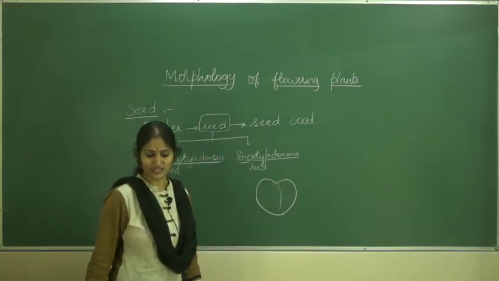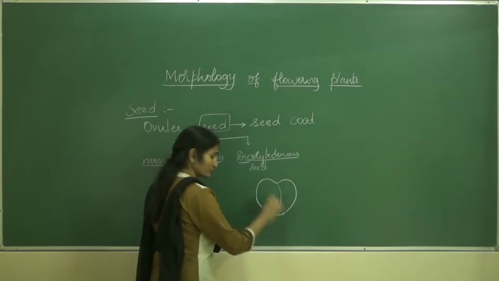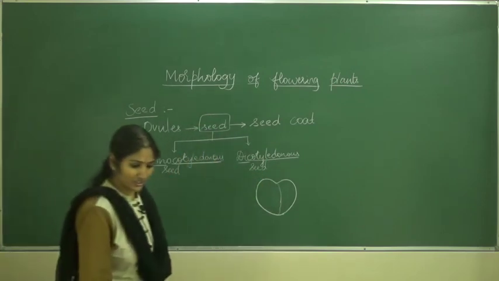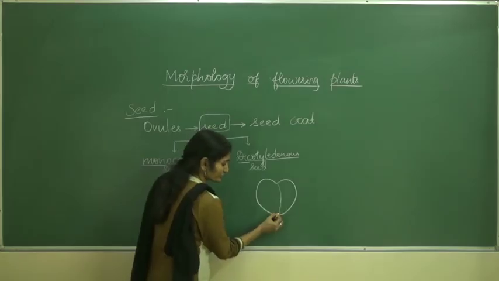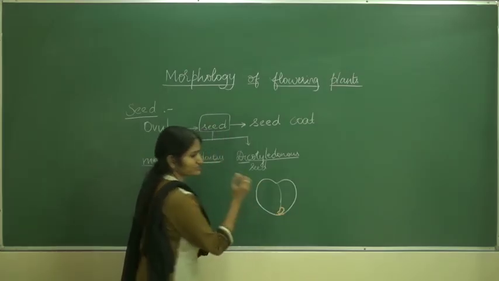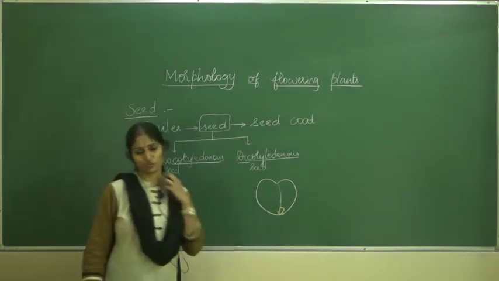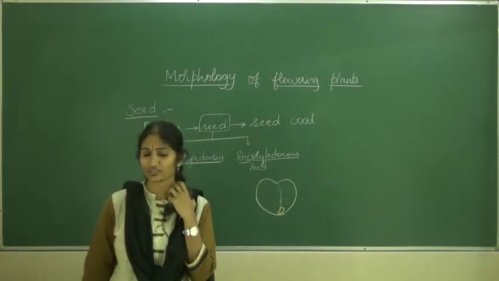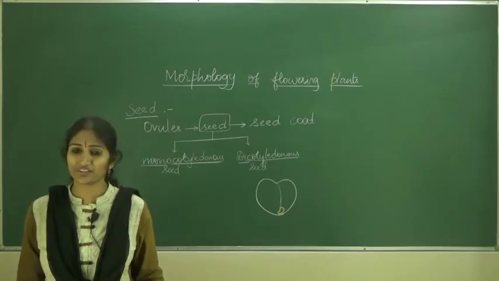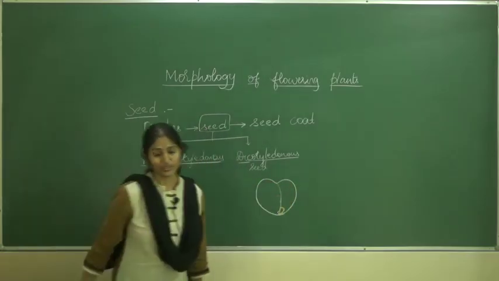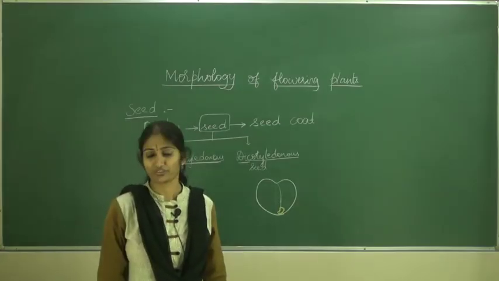If you observe very carefully, you will generally see a small region which has come out like this. This is very important for us to tell if it is a dicotyledonous seed. You can see two equal halves joining together here, a very important feature.